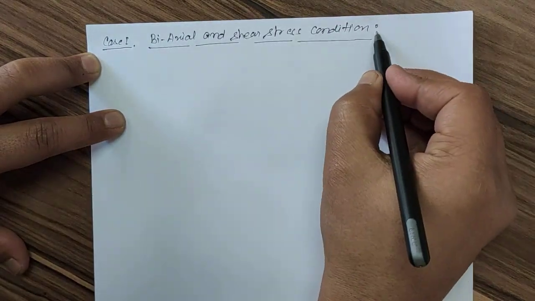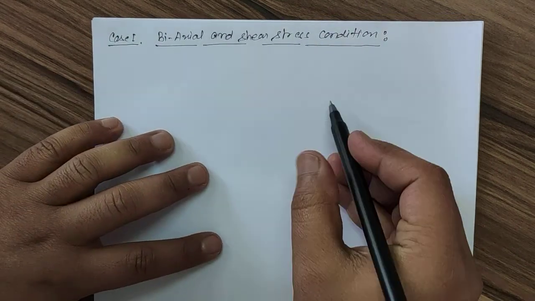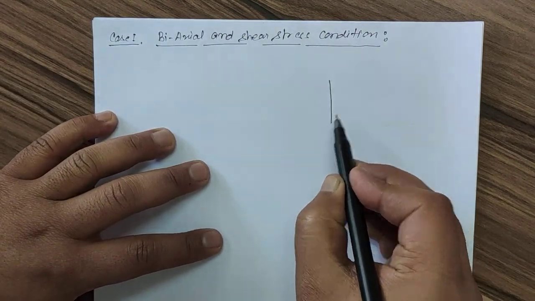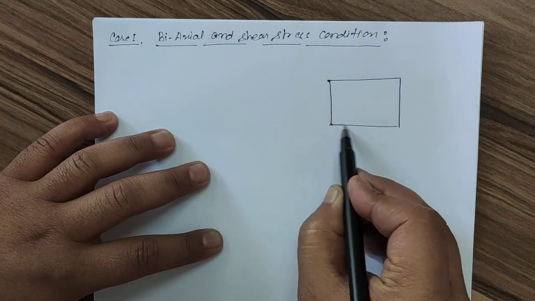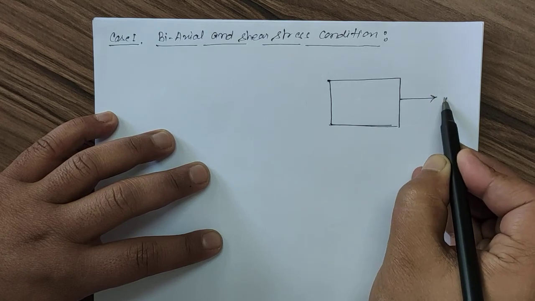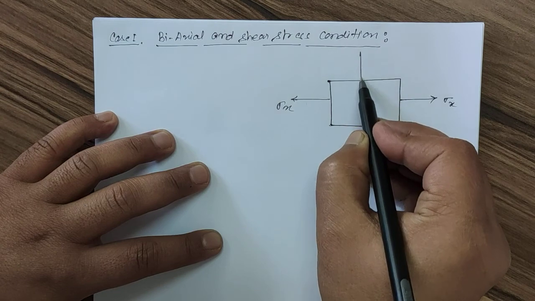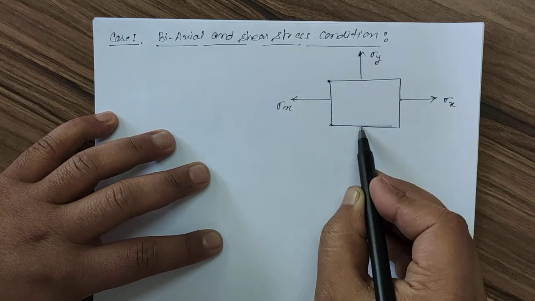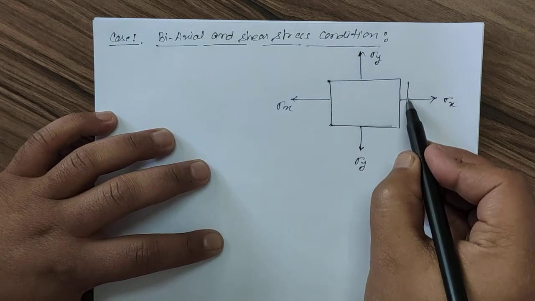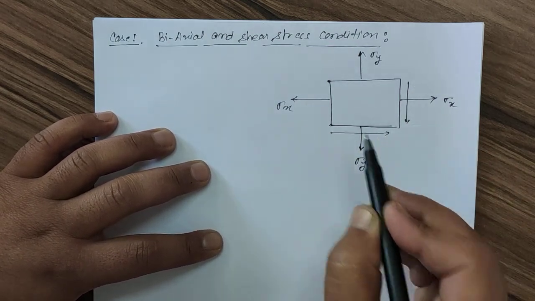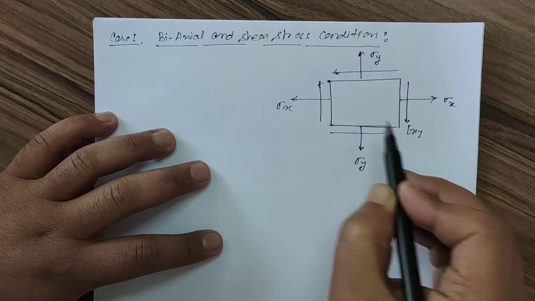The case is we are having an element, and that element is subjected to biaxial stress. Biaxial stress means sigma x is acting, sigma y is acting, and tau xy is also acting.